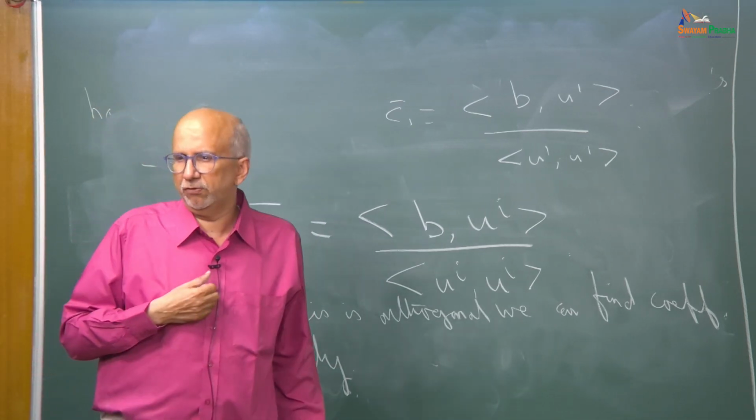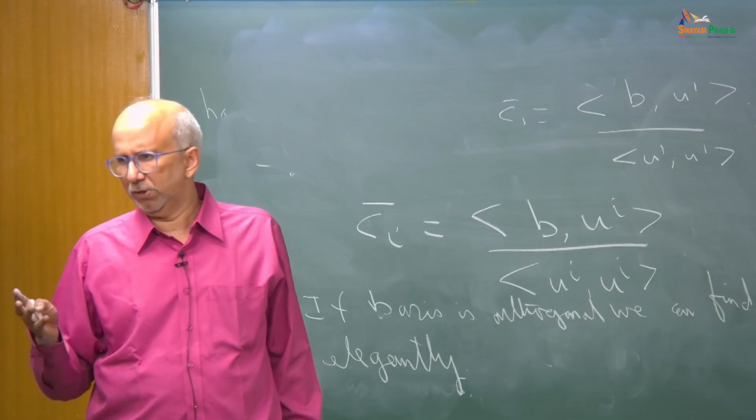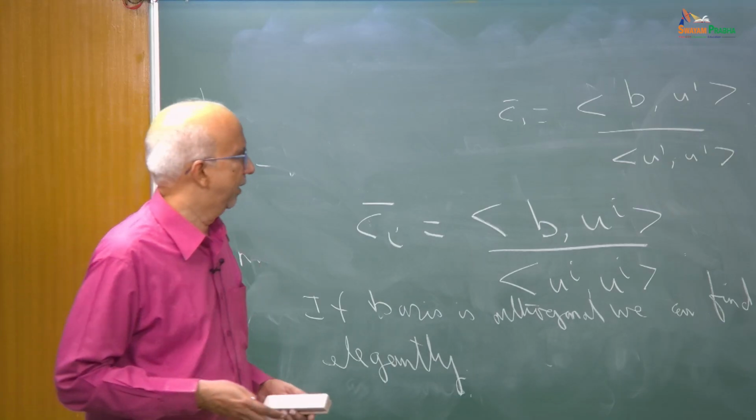Even if your vector has a dimension of 1000, you can just do this inner product 1000 times. You do not have to sit and do Gauss Jordan, Gauss Seidel and all that. So, this is a much better way.